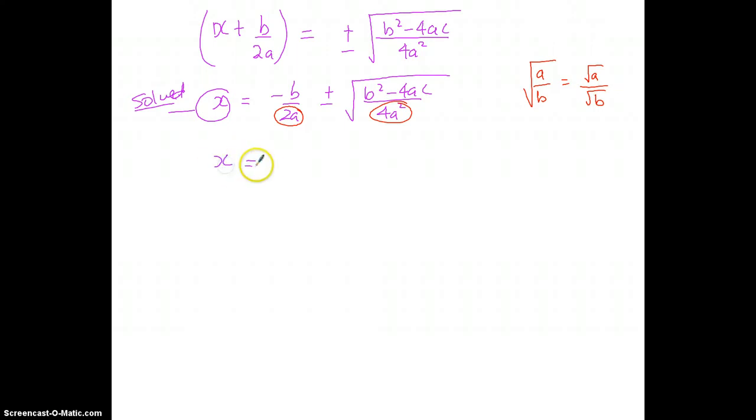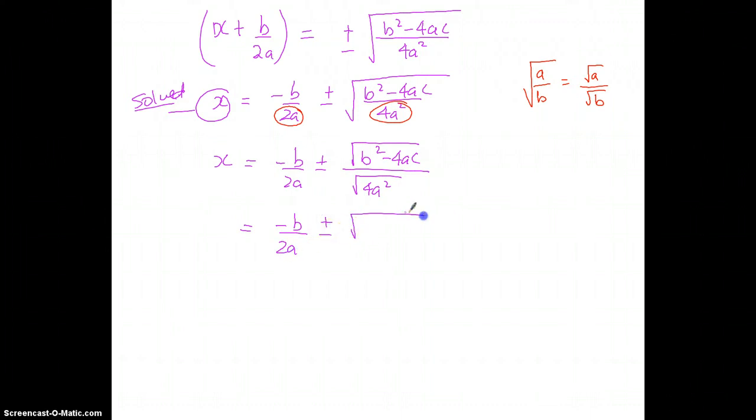So I've still got my x equals minus b over 2a, plus or minus square root of b squared minus 4ac over the square root of 4a squared. And if I just address that, I now have minus b over 2a plus or minus square root of b squared minus 4ac over 2a. So there's one way you may see the quadratic formula.